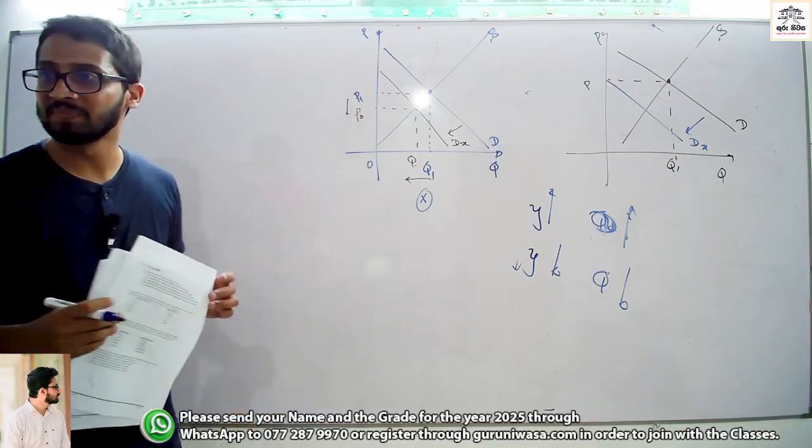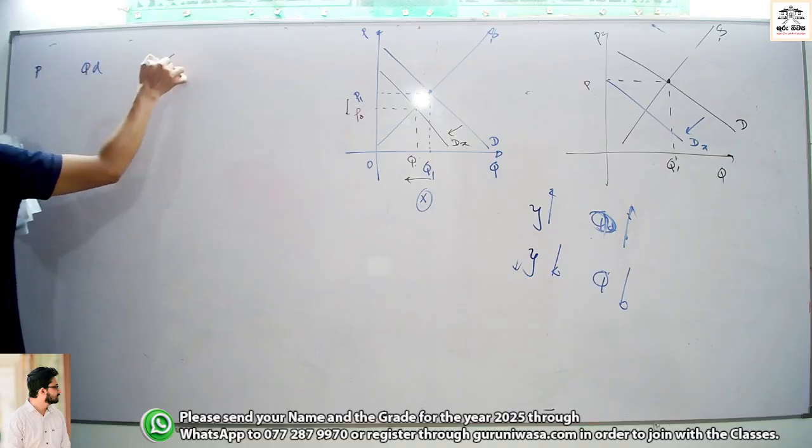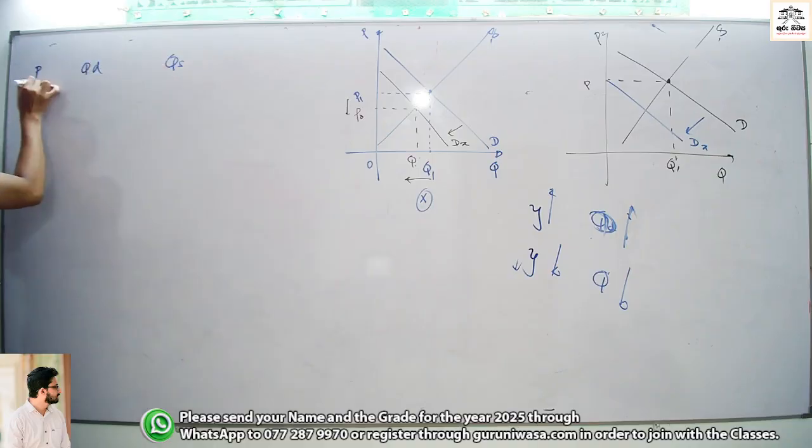You can just find the answer. Quantity demanded and quantity supplied at prices 60, 55, 50, 45, and 40.